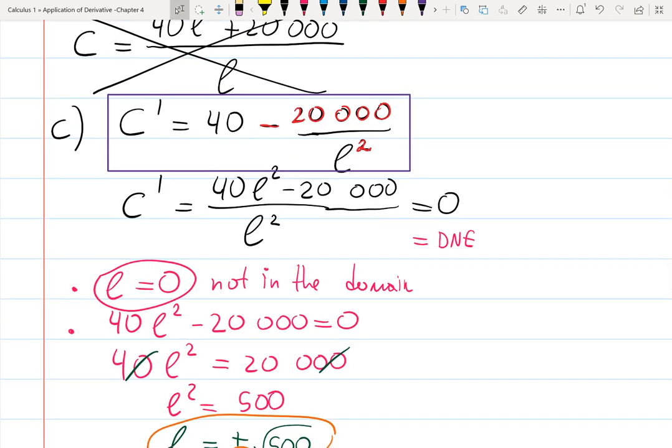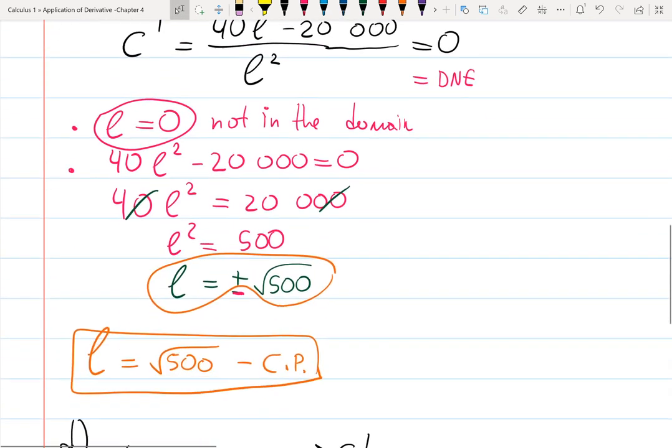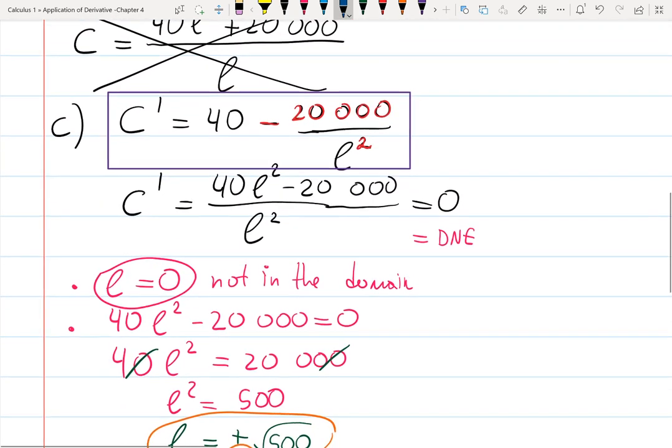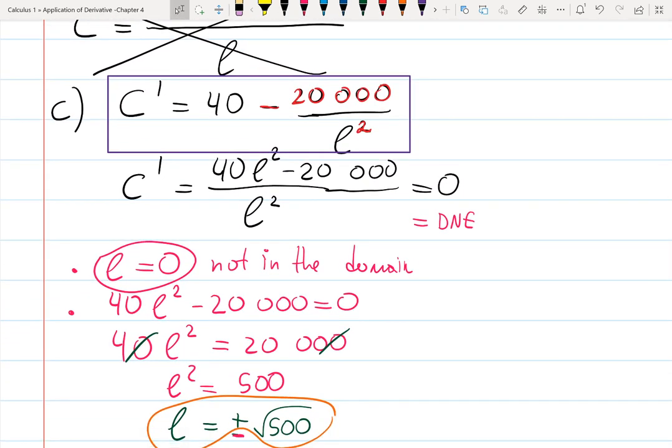Use 1. 40 minus 20 thousandths over 1 is definitely negative. Then over here, what is more than 22.36? I don't know, let's use some number like 40. Then 40 squared will be 1600.